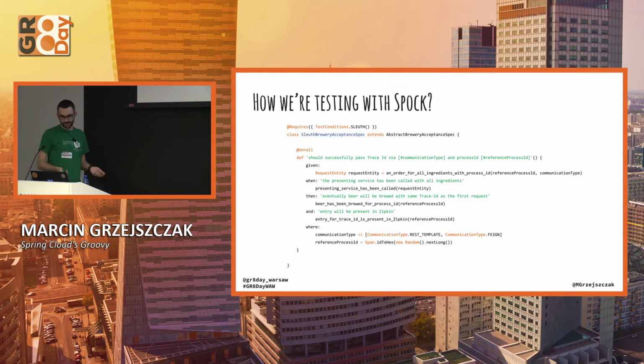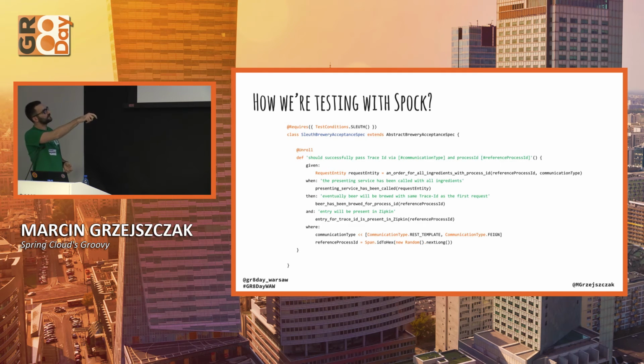If you know Spock, you can see immediately the beauty of how clear the code is. The crucial part is this: requires test condition sleuth. Requires is the annotation from Spock, where I want to run this specification only if you want to check sleuth, right? This is quite obvious.